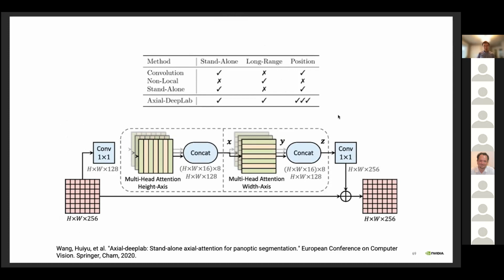So the researchers are trying to use one-dimensional self-attention along each axis to reduce the burden of the computation. In their original work, they compute attention in the X and Y axis separately. But in our context, we add an additional axis, the Z axis, because we are dealing with 3D medical images. So that's the axial attention module we use in our framework.